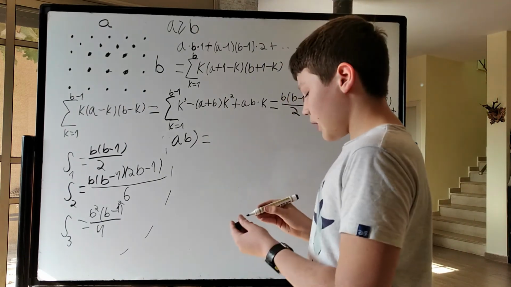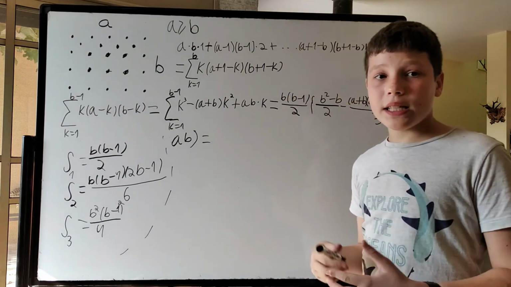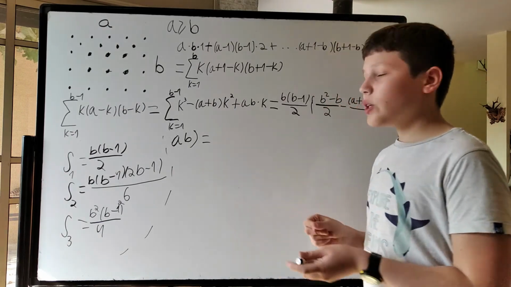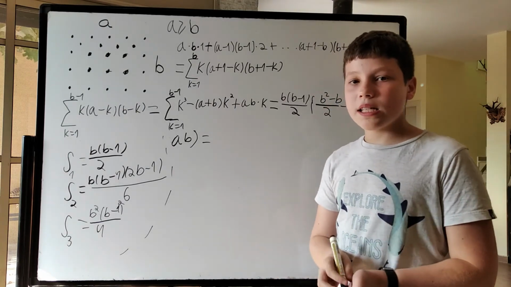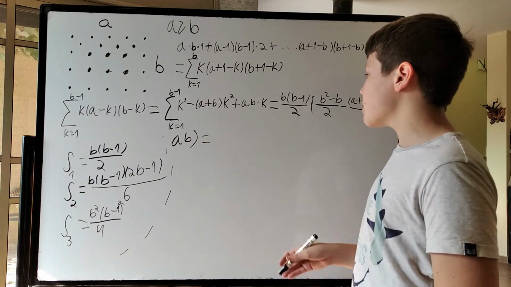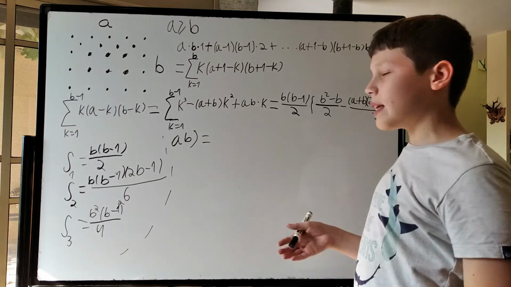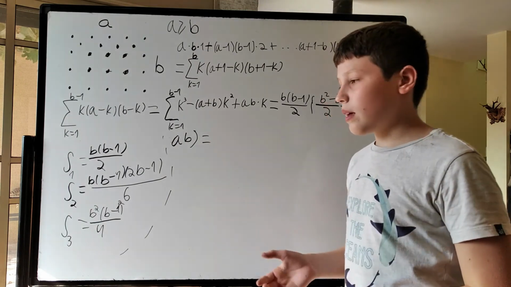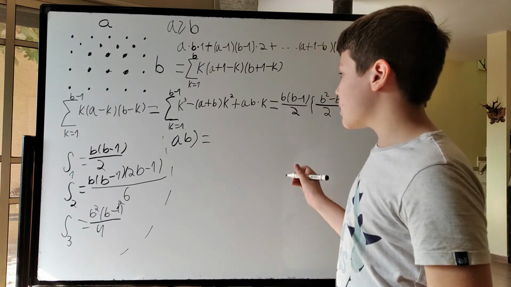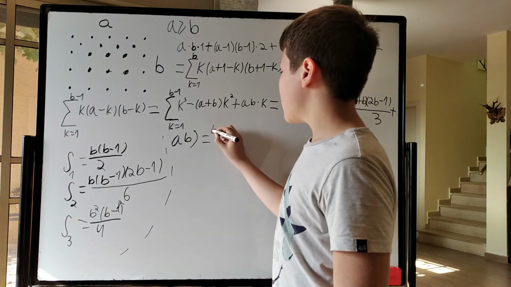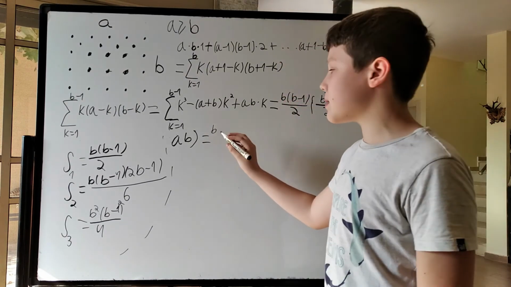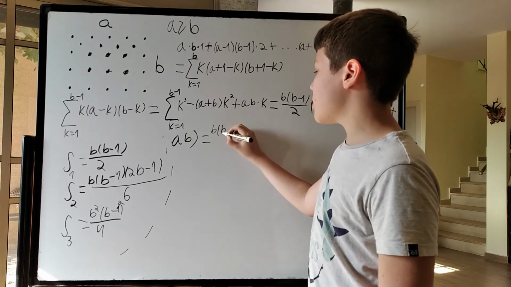And now, I won't actually expand this. You can do it on your own as a fun little exercise, but I won't do it. It's some algebra, but you can do it at home.